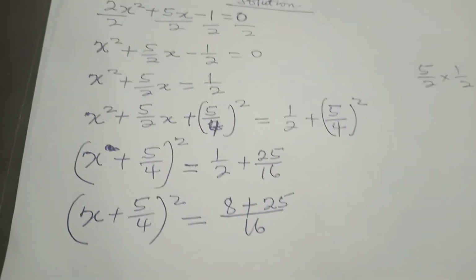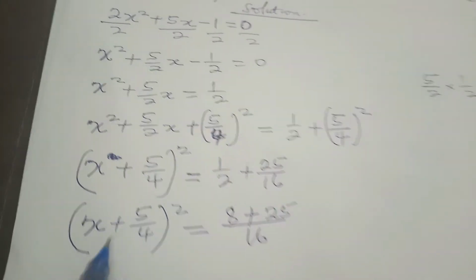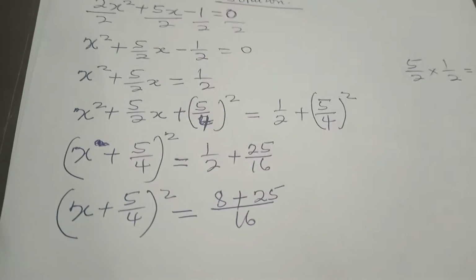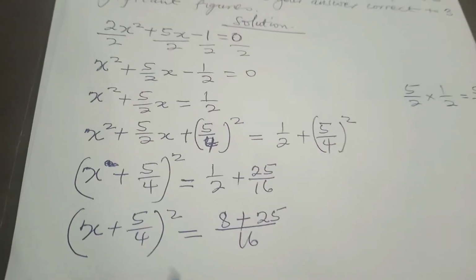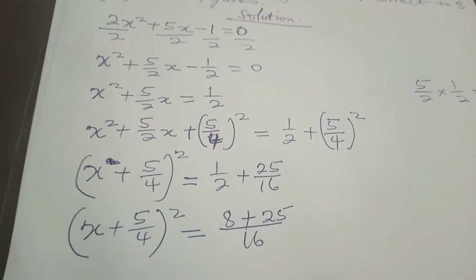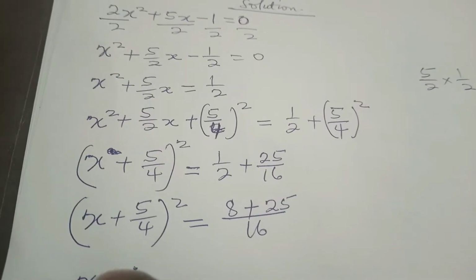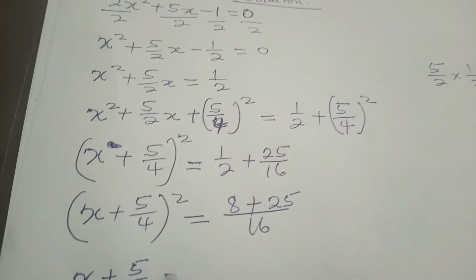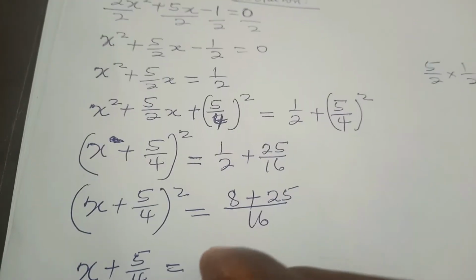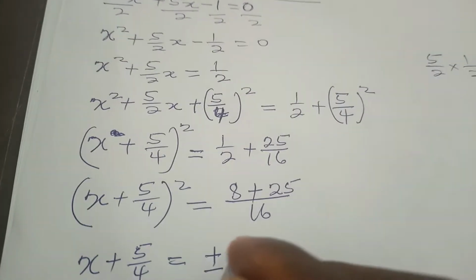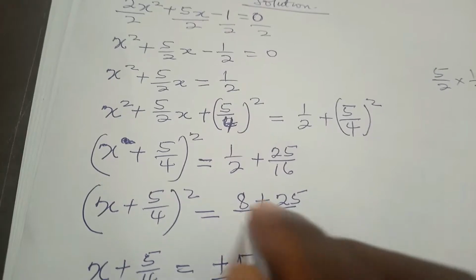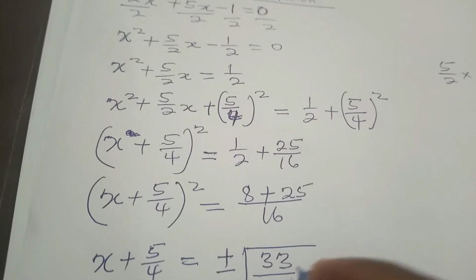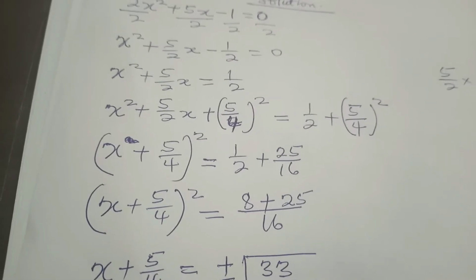So 8 plus 25 is 33 over 16. Then now you have to be thinking of opening these parentheses, and that is by taking the square root of both sides. When we take the square root of the left hand side, we're going to have x plus 5 over 4, because the square root will cancel the square here. Then we take plus or minus the square root of 33 over 16.